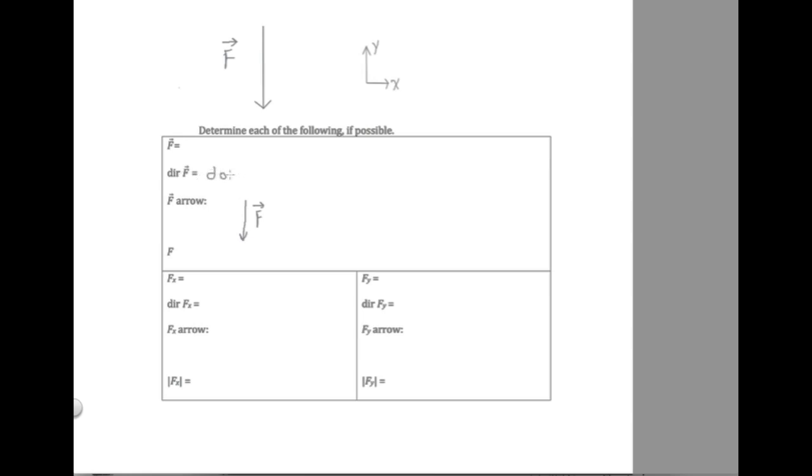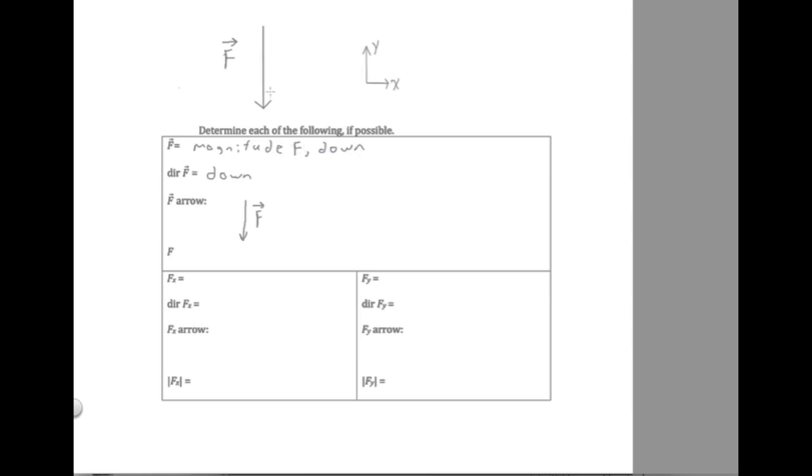In this case, the direction was given to us implicitly by the arrow, rather than being given in words, but we know that direction is down. So we can say the overall vector has a magnitude of F, and that it's down.